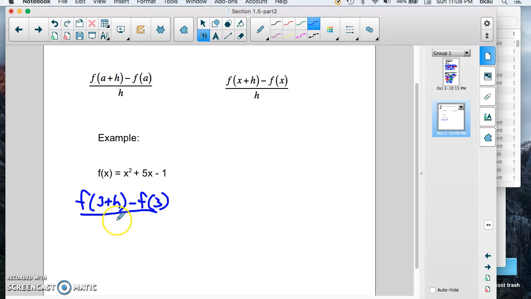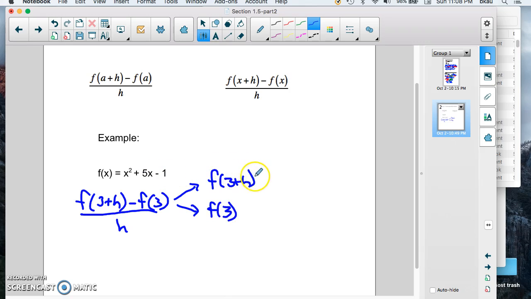So this is a specific difference quotient for the value of 3 for a. When we do this, we're going to evaluate f of x for these two values. We're going to take the numerator and break it up into two different evaluation pieces. So we're going to do f of 3 plus h, and we're going to do f of 3.